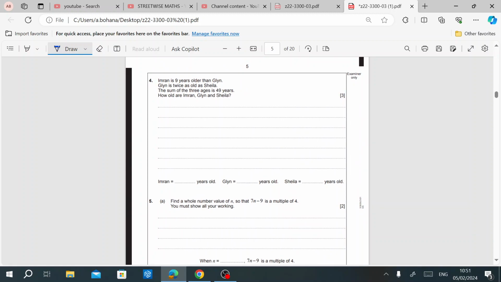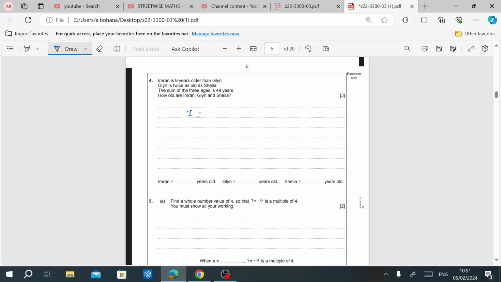Question 4. So question 4, a bit of an odd one really. Don't try and use the conventional algebra method. Just use a bit of logic here, okay? So what I did when I personally looked at it was I just wrote out a series of statements. So I went, well, Imran is 9 years older than Glyn.